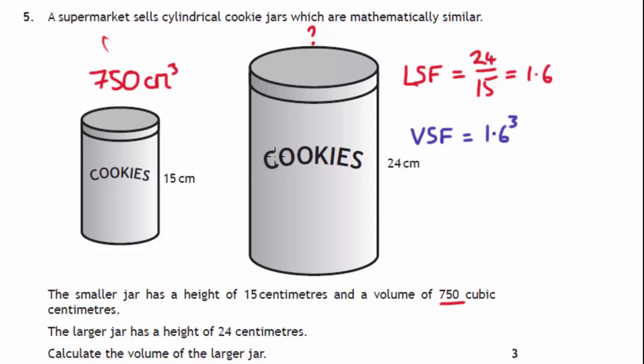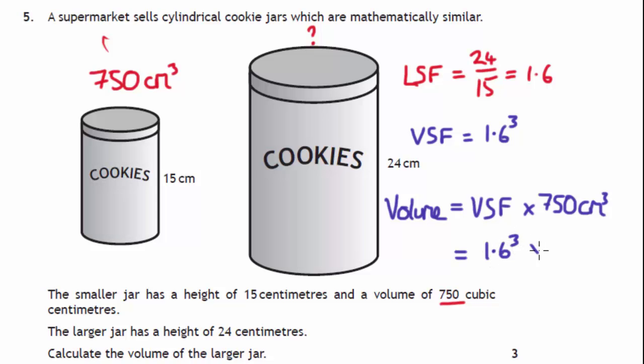To work that out, we say volume equals the volume scale factor, times the volume of the small one, which is 750 centimetre cubed. So that's going to be 1.6 cubed times 750.